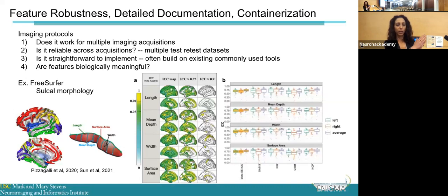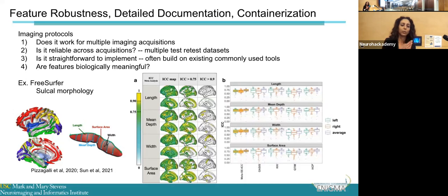That was when a lot of people had already run FreeSurfer. We then built a sulcal morphometry pipeline around that. Everyone already had the gray matter ribbon extracted from FreeSurfer that got fed into a new sulcal morphometry pipeline.